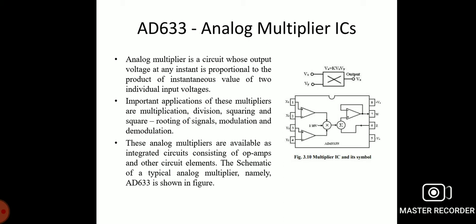These characteristics make the loading effect on the signal source negligible, and it can operate with supply voltage ranging up to plus or minus 18 volt. The IC does not require external components, and it typically accepts a range of plus or minus 10 volt for the two input signals.